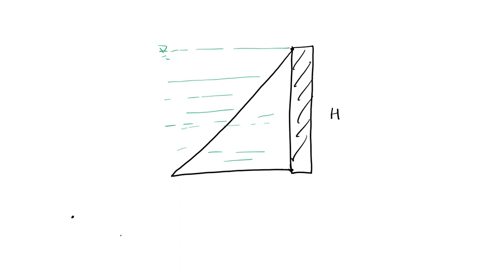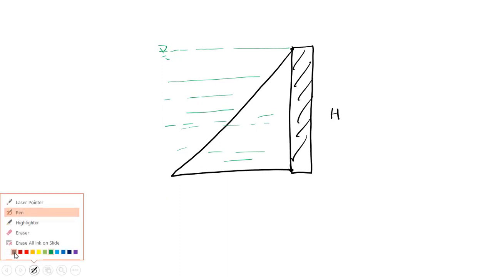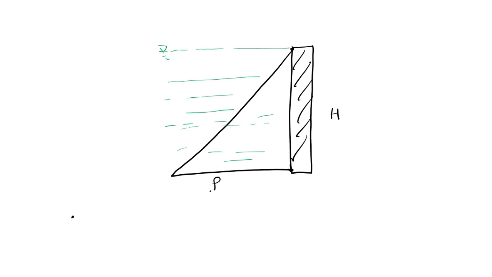So this is the pressure diagram in the black color, and here the pressure will be rho g h. Okay, so now if I want to find out the hydrostatic forces due to the pressure at various points on this wall, let's consider the width of the wall is b.